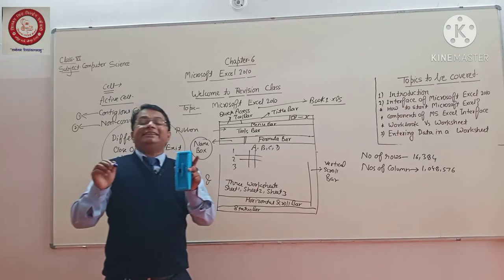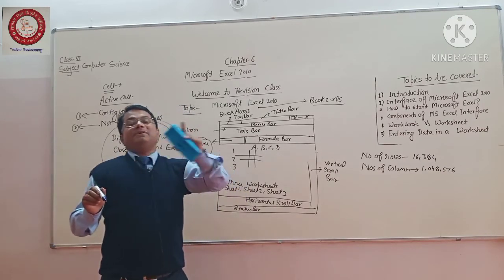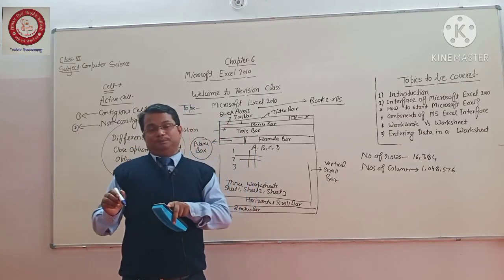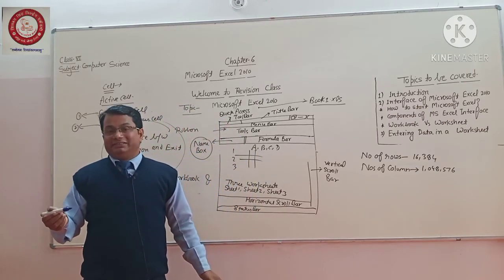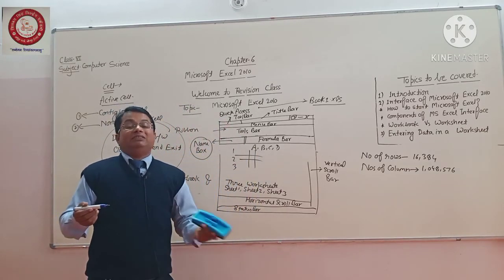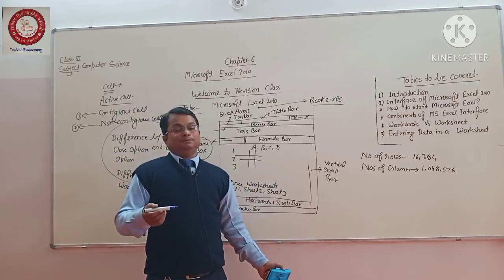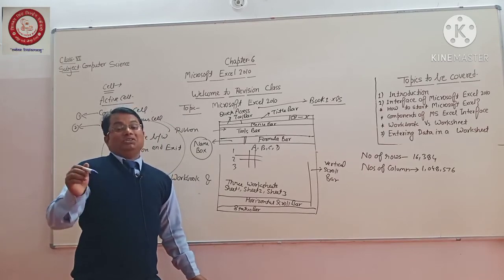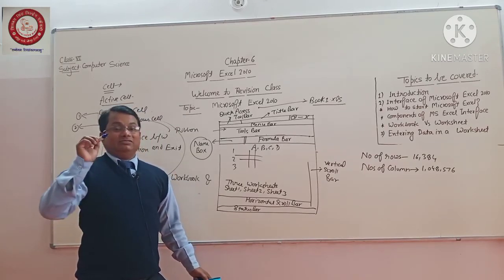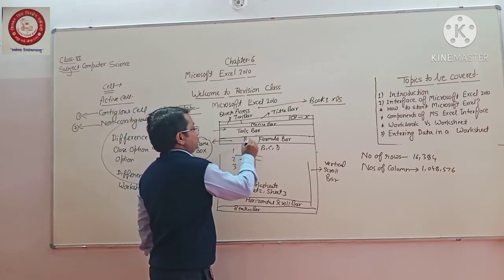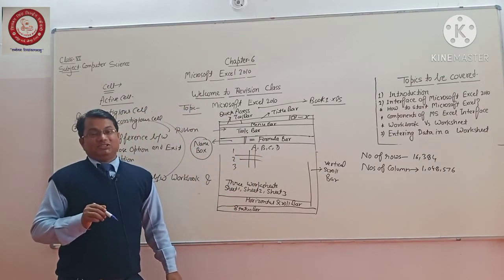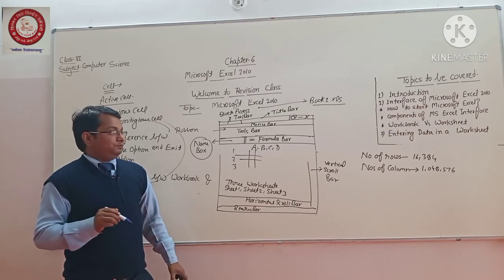Whenever you write any kind of formula, it will appear in the formula bar as well as the active cell. A formula always begins with a special sign, and that special sign is equal to. Please remember that.